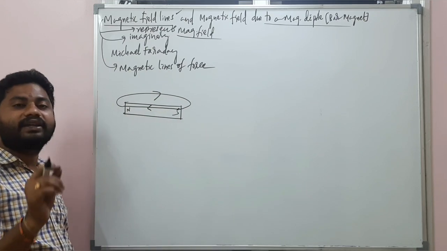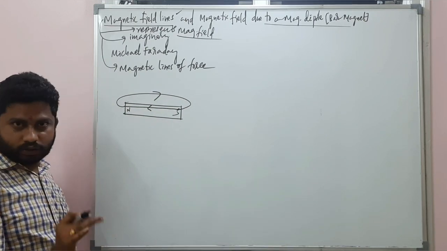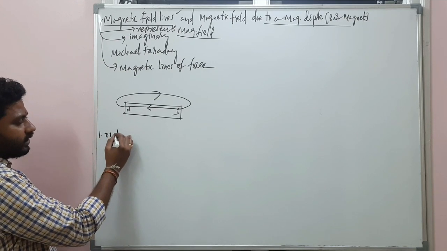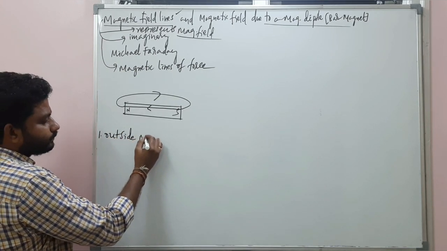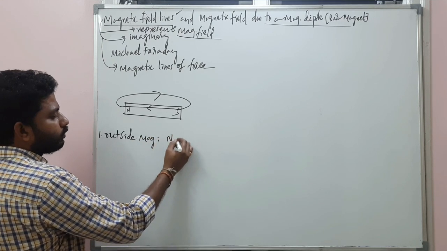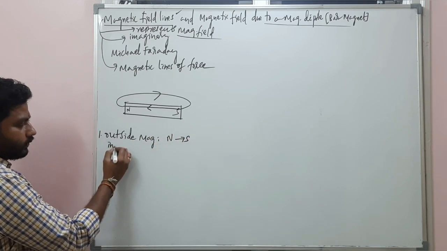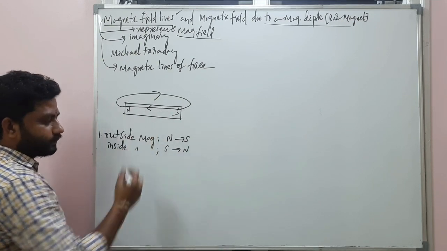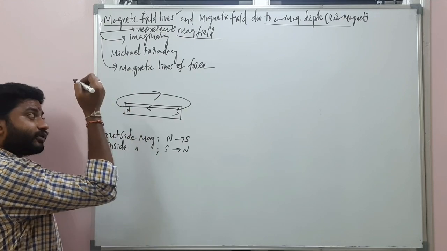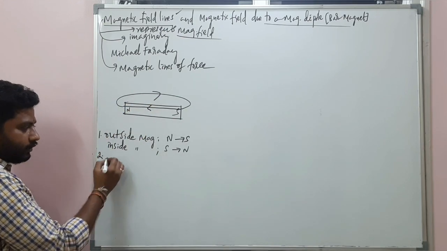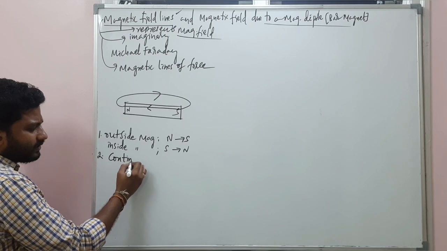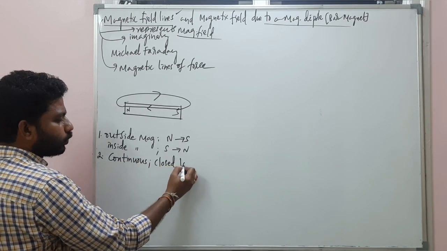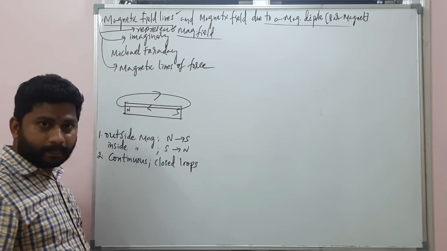Inside the magnet, they move from south to north. From this itself, you can understand that they are continuous and form closed loops. They are closed curves.